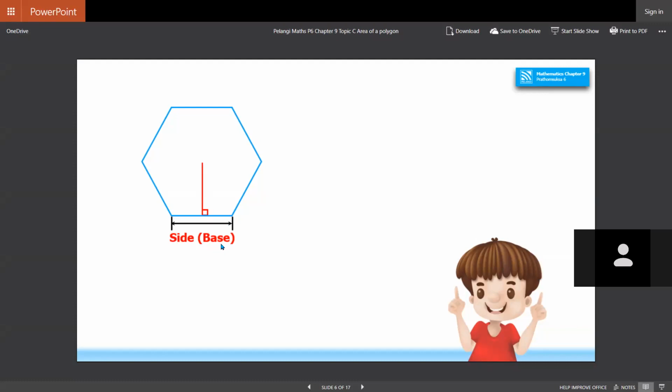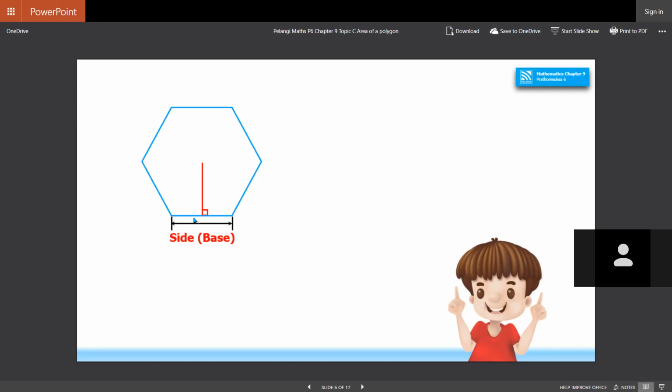In a polygon, you would have a line from the middle. Please, this is very important. There is always a straight line from the middle of the polygon to the side of the polygon. You can see the line here, the red line.